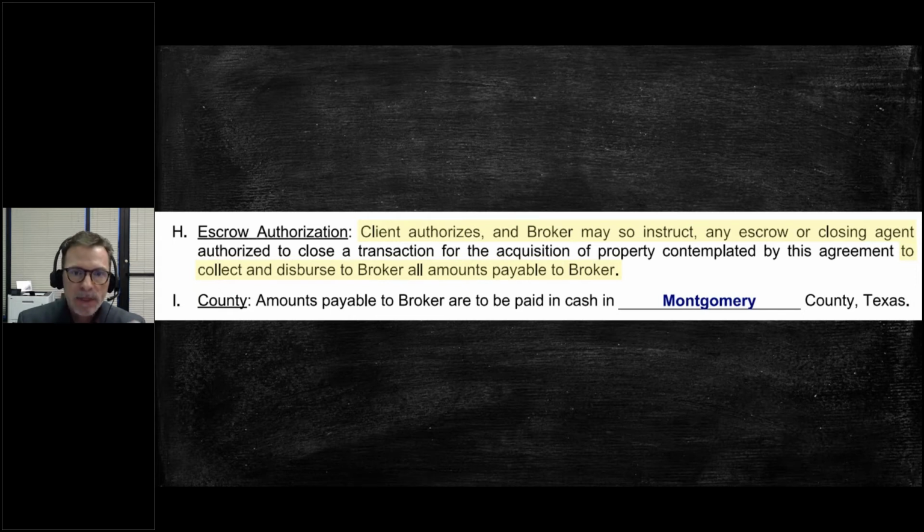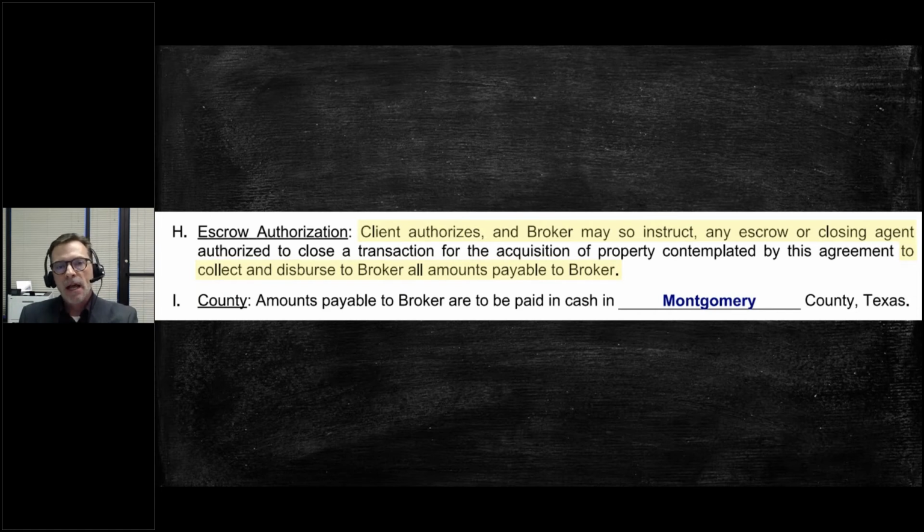So for Abbey Realty, Abbey Property Solutions, that's going to be Montgomery County. I have also seen sometimes people put in the county in which the property that is sold sits. So it would be Montgomery or Harris County, or Montgomery or Waller County, or whatever county. And nothing wrong with that.